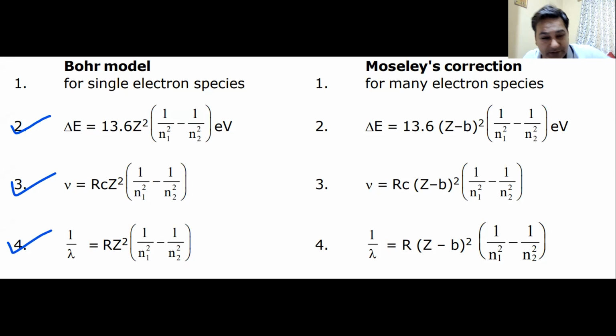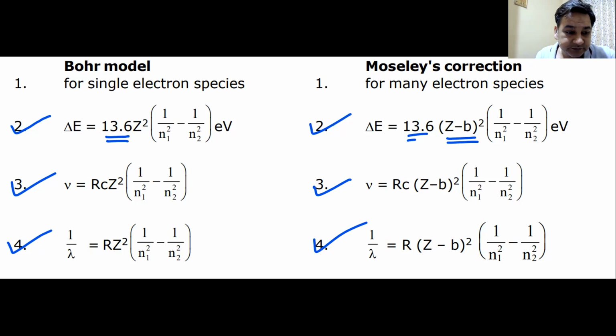Do you remember the equation on the left hand side? Yes, sir. Then you see the 13.6 electron volts formula, and here you see 13.6 but with (Z minus b) square, because now it depends on the screening constant. It depends on from where to where the jump has been made. Do we understand this? This is the time that you note this thing down. I'll give you a minute.